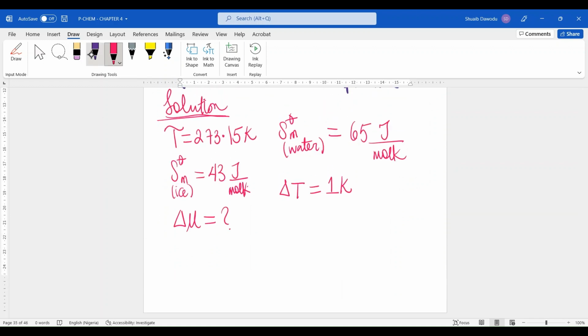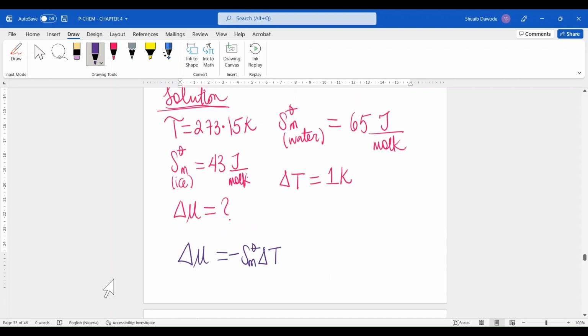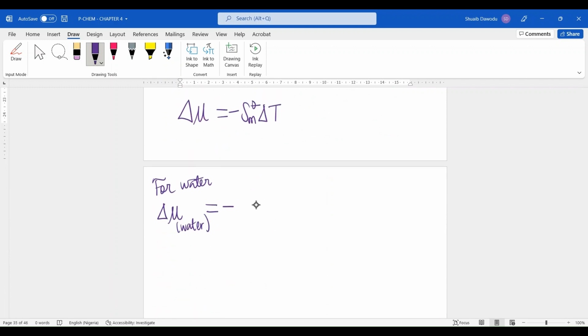It's important for you to know now that the formula we're supposed to use for the change in chemical potential is negative the standard molar entropy times the change in temperature. Let's start with water. The change in chemical potential of water is negative the molar entropy for water, which is 65 joule per mole Kelvin, times the change in temperature, which is 1 Kelvin.